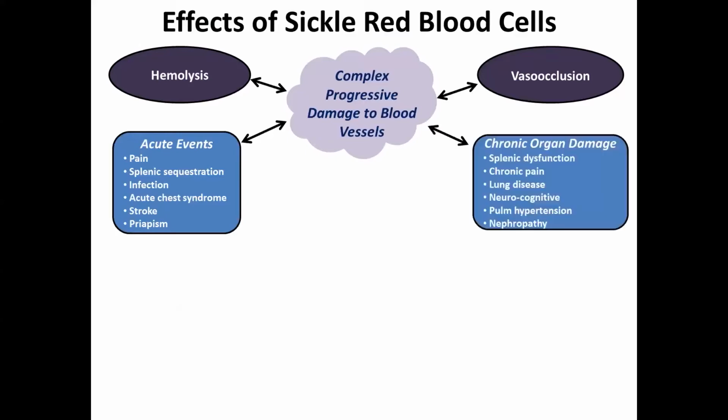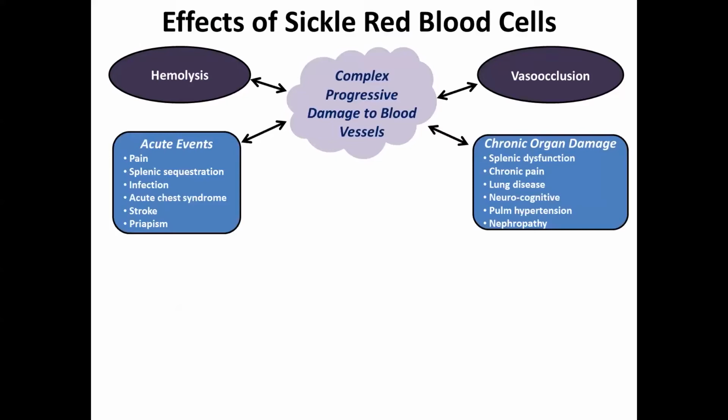And also, this process and this chronic damage to the blood vessels caused by these abnormal red cells ultimately over time leads to chronic organ damage. So the spleen doesn't work properly. Some folks end up with chronic pain, chronic lung disease, neurocognitive defects, in other words, difficulty with learning in school, pulmonary hypertension, which is high blood pressure in the lungs as opposed to high blood pressure in the rest of the body, and nephropathy, which is kidney damage.